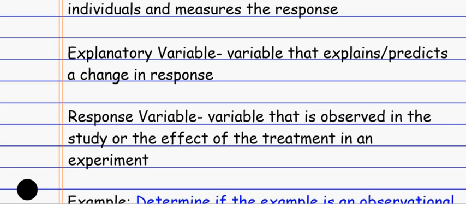And when we think about the response and the explanatory variables, when we look at them from the perspective of data, the explanatory variable happens first and the response happens later, okay? But when we identify these things, I almost always identify the response variable first and say, okay, what data did we collect? What did we observe? What was the effect?